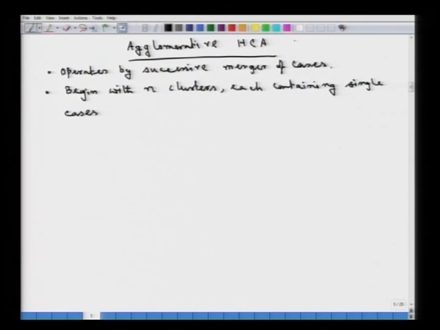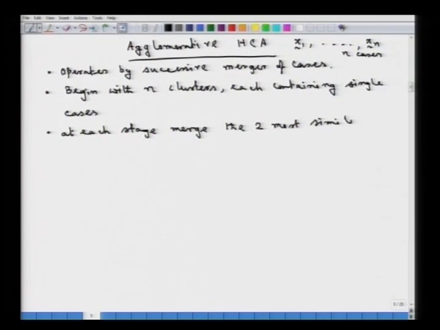So, to start with, we have got these data: x1, x2, xn, these are the n cases, and if we run an agglomerative HCA, then we start with n clusters, each of these objects in one single cluster. Now, what we do here is that at each stage we merge the two most similar groups to form a new cluster.